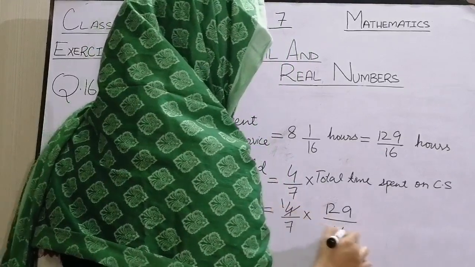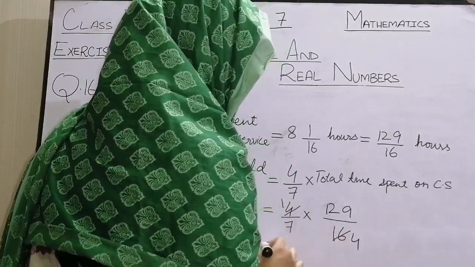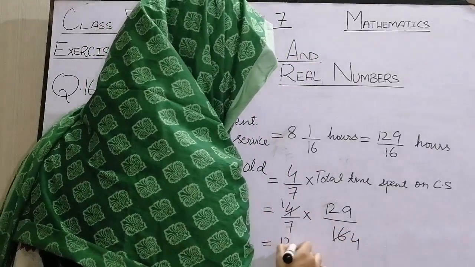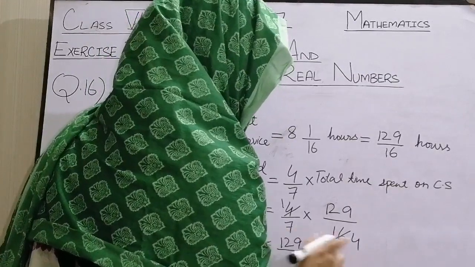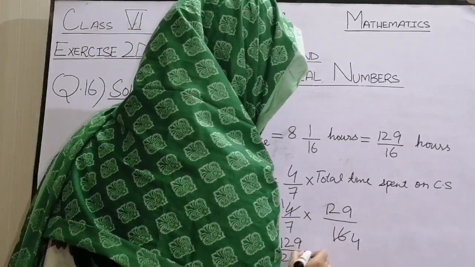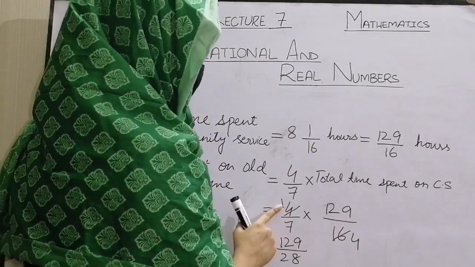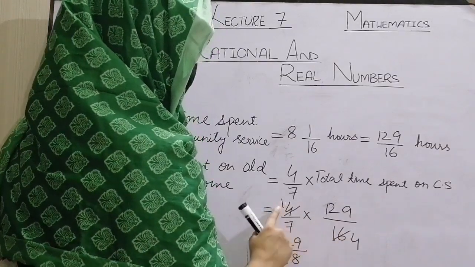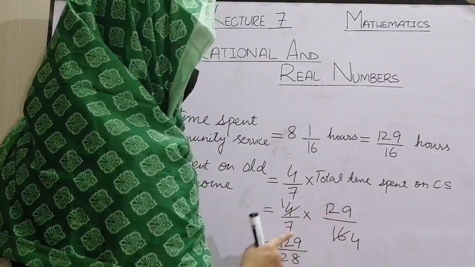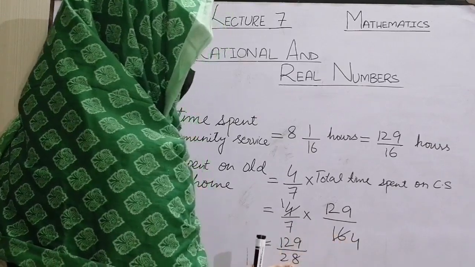Do the cancellation. It is 129. 7 fours are 28. Do the cancellation. 4 ones are 4. 4 fours are 16. 1 into 129 is 129. 7 fours are 28.